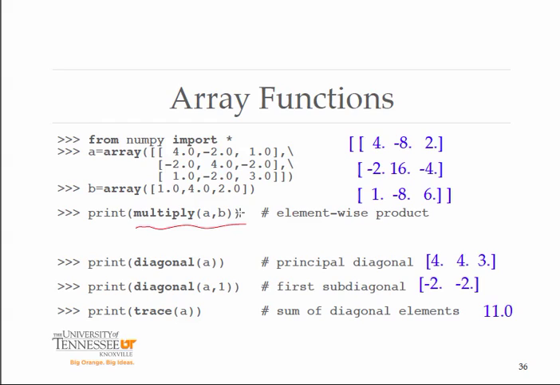So what happens here, if you look very carefully at this matrix A, look at the first column, 4, -2, 1. The multiply function will take the first element of this array B and multiply it times the first element of every list used to build the array A. So essentially, the first column remains unchanged because the first value of B was 1.